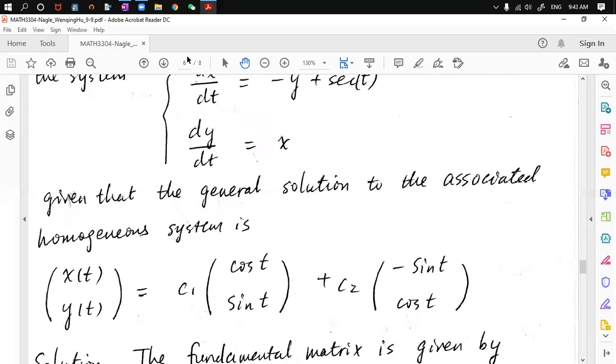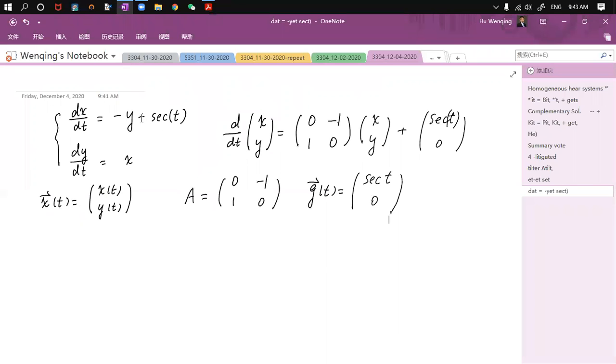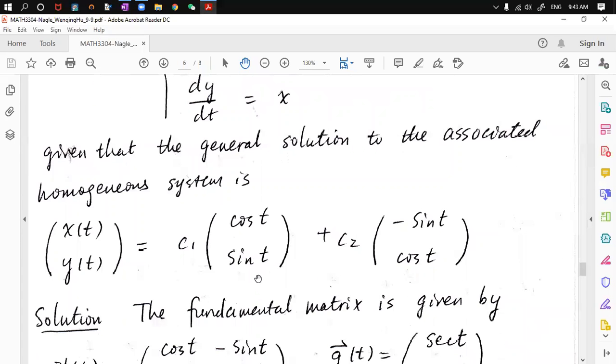What is the associated homogeneous system? It means you remove the secant of t, and you end up with just the complementary equation. If they say that the general solution of the associated homogeneous system is a linear combination of these two solutions, it means that these two solutions are fundamental solutions.